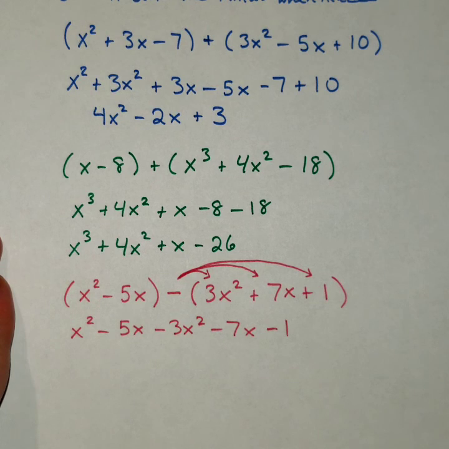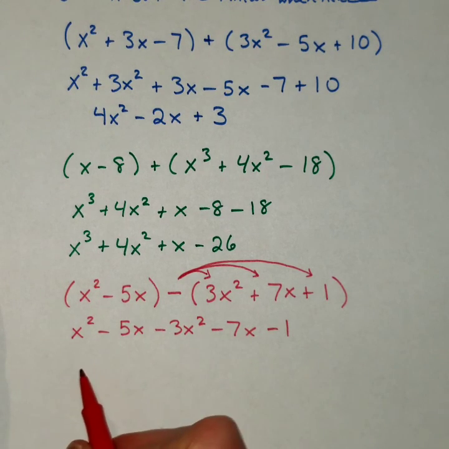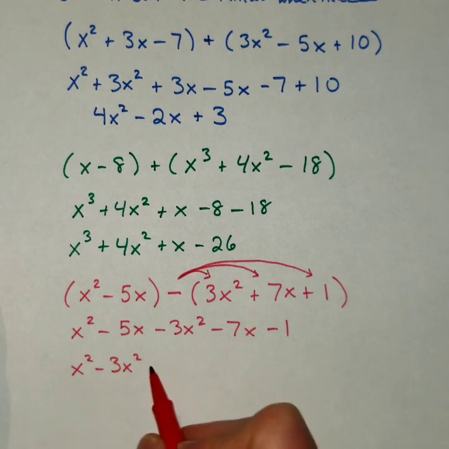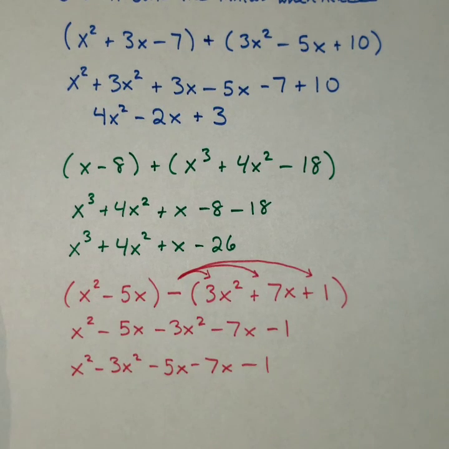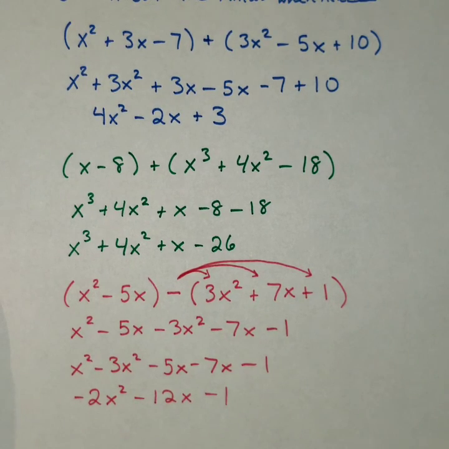Then again we group our terms together: x squared minus 3x squared, minus 5x minus 7x, minus 1. The first two terms add up to a negative 2x squared. The middle two add up to a minus 12x. And then you have the minus 1 that doesn't have a like term.